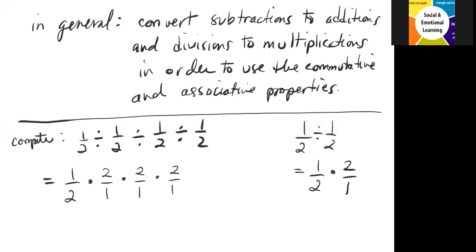Stop me if it doesn't make sense. So now that I have 1/2 times 2 over 1, that's pretty good. Anything times its reciprocal, I can use the associative property and say, multiply these two first. 1/2 times 2 over 1 is just going to be equal to 1. And this just becomes an easy multiplication of whole numbers.